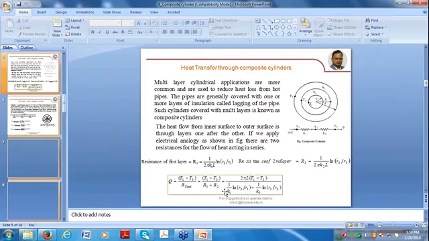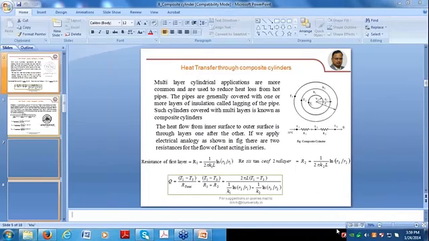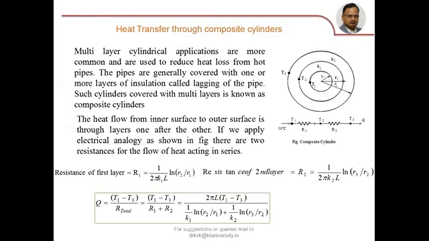So let us start with a multi-layer cylindrical application. Most of the times, either in a process industry or in a power plant, the pipes carrying hot fluids are insulated.